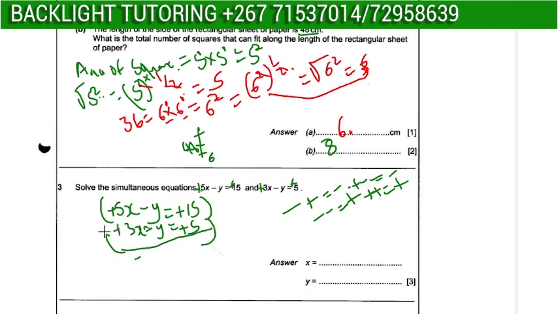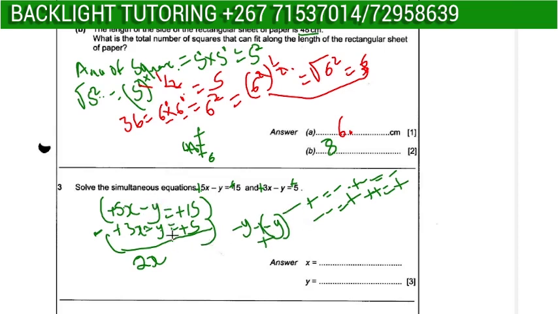To do that, you just put a minus here. Then we have 5x minus 3x equals 2x, minus y minus this becomes plus. Remember, minus y minus y will turn into positive because minus times minus gives us positive.